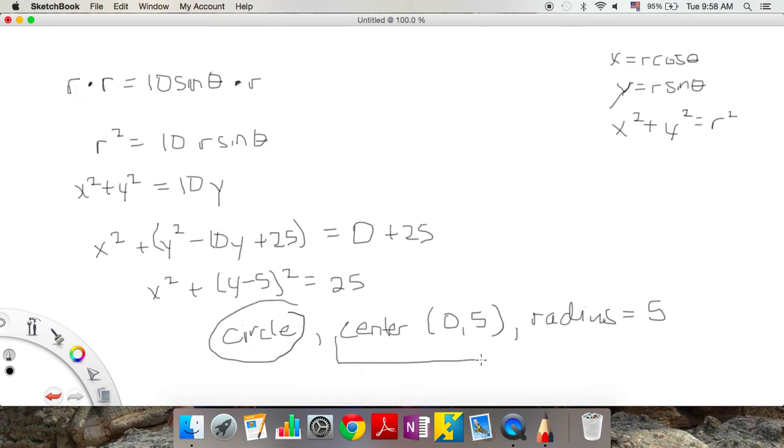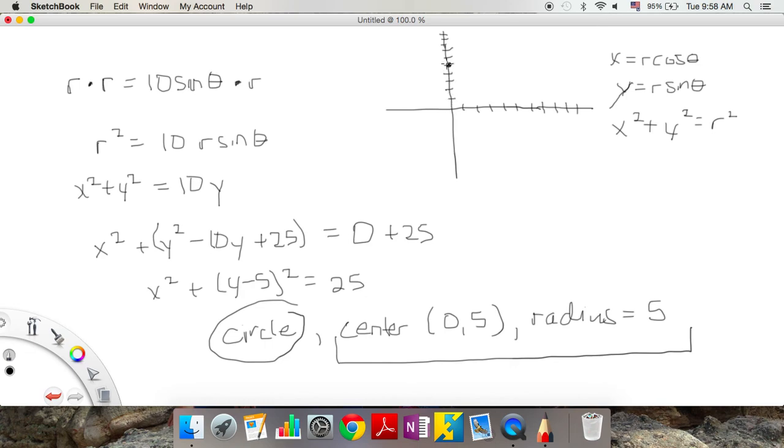And the location is where you tell about the center, the radius, the major and minor axes, the asymptotes, all those kinds of things, depending on what kind of conic it is, so that you would be able to graph it. So here we would have this circle. And our center, 1, 2, 3, 4, 5.